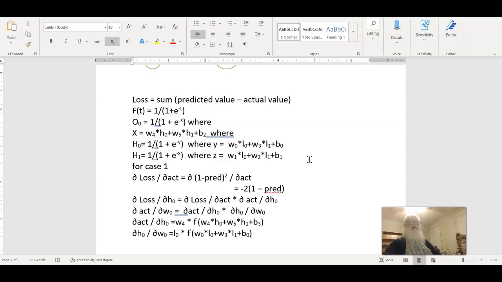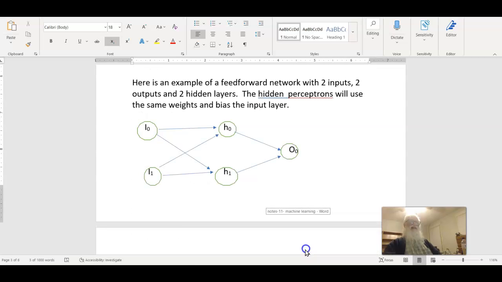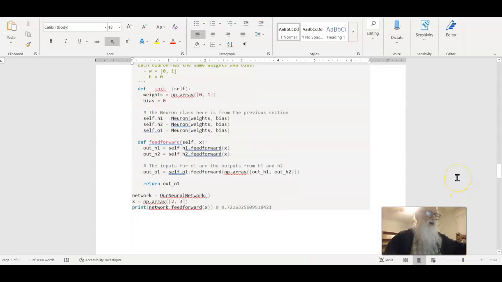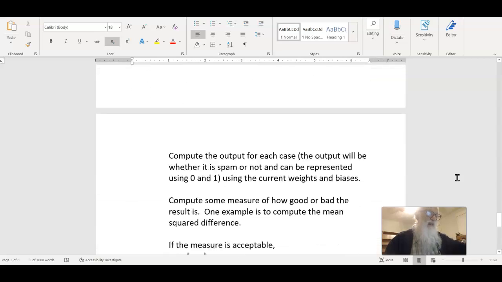How do we train this network so it will be able to discover the right answer? Well, that involves building up a set of training data. We need a set of known cases, whatever those known cases are.